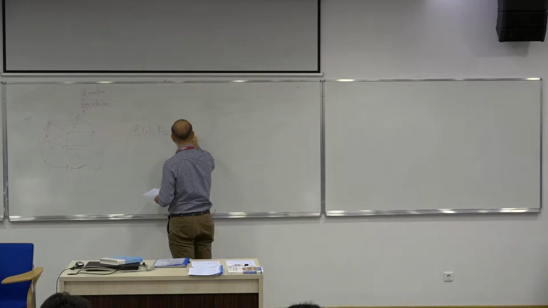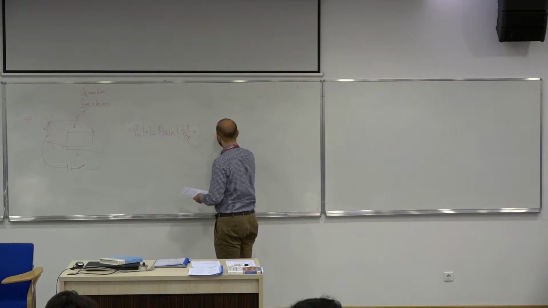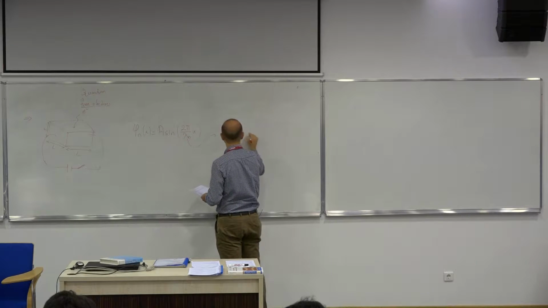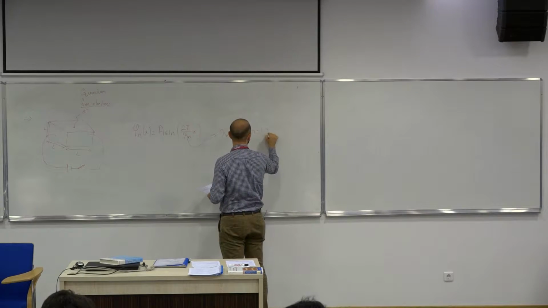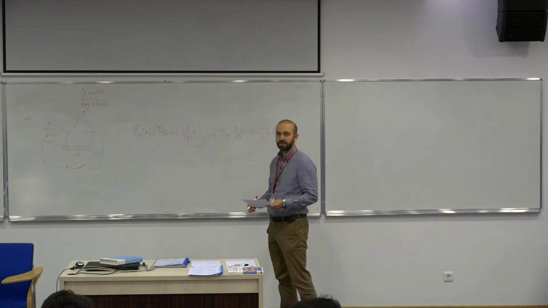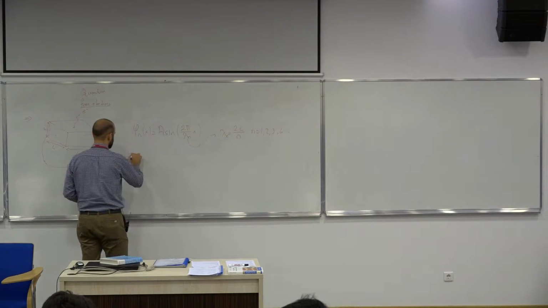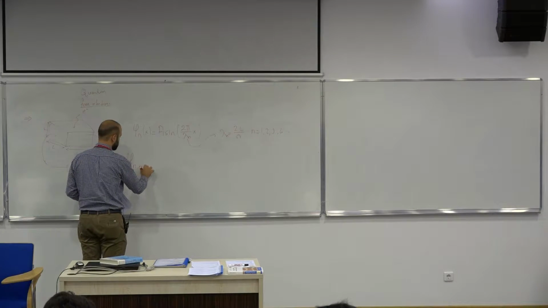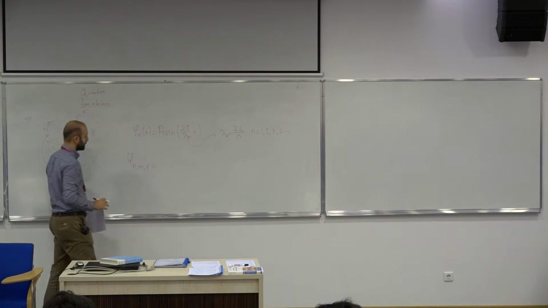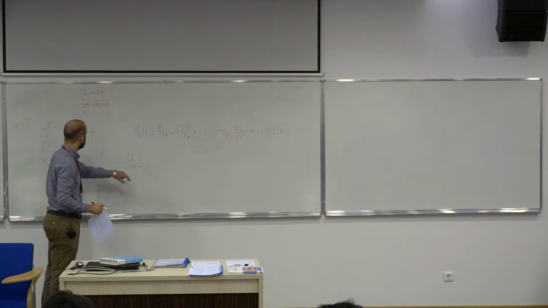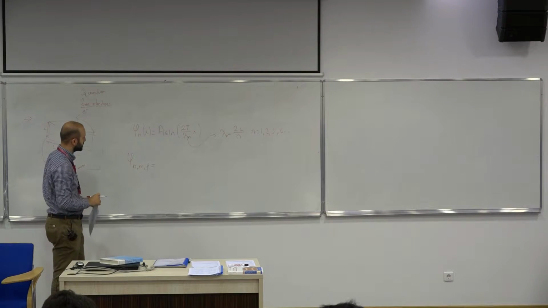The way I have written this was something like this, and I said this lambda n is 2L over n, where n is this integer that comes from quantization. And the overall wave function needs to have three such indices, corresponding to three different states.